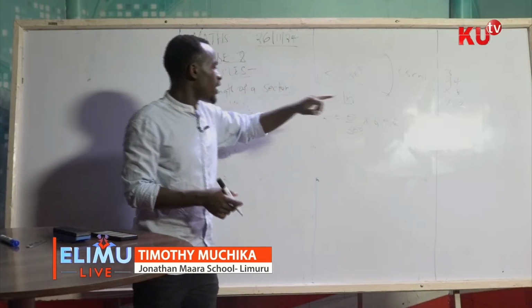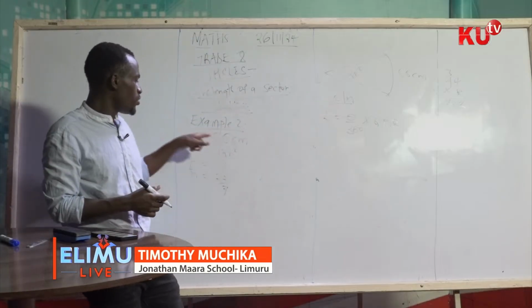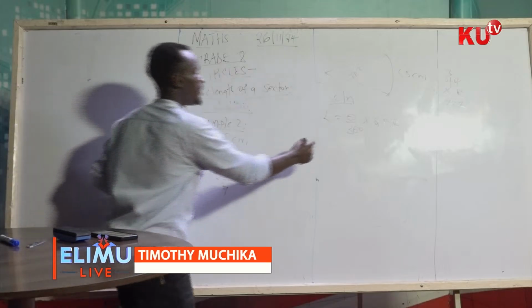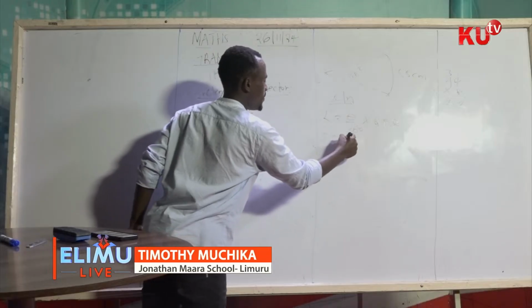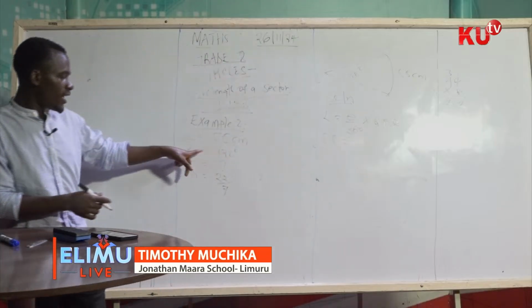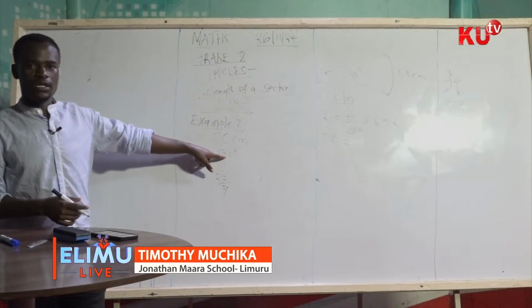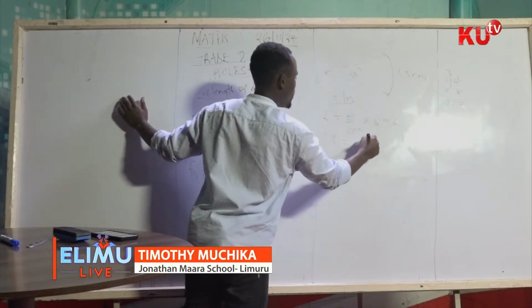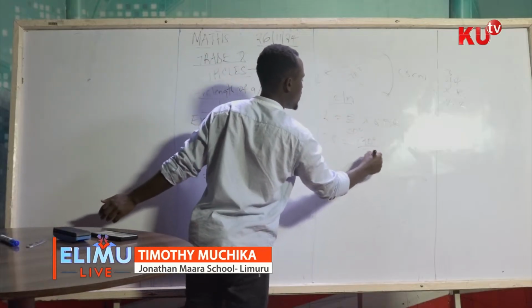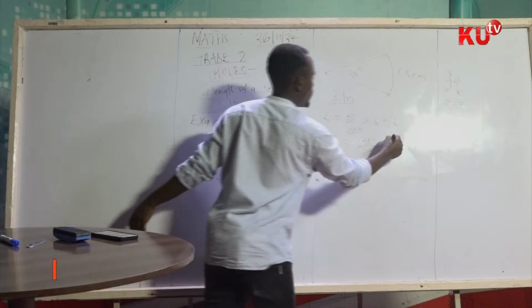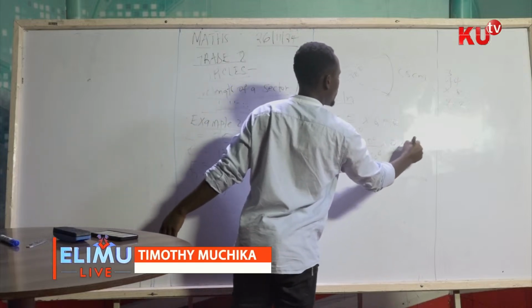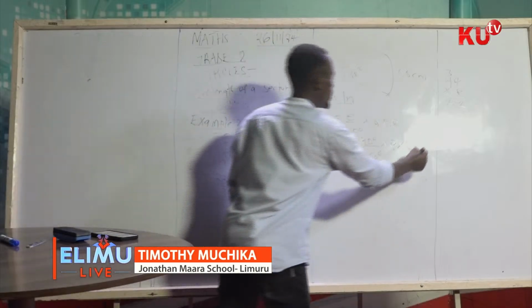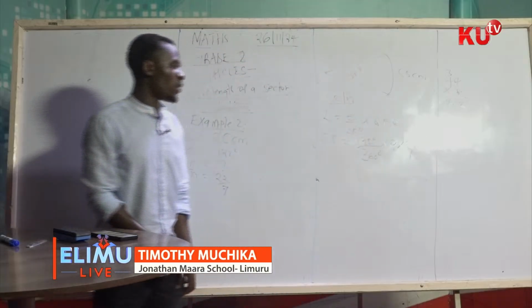In the place where we have the arc length, we substitute 88 centimeters, and in the place of theta, we've been given 120 degrees. So we replace it by 120 degrees over 360 degrees times 2 times 22/7 times radius. The radius we've not been given. It is the one that we are supposed to work out.